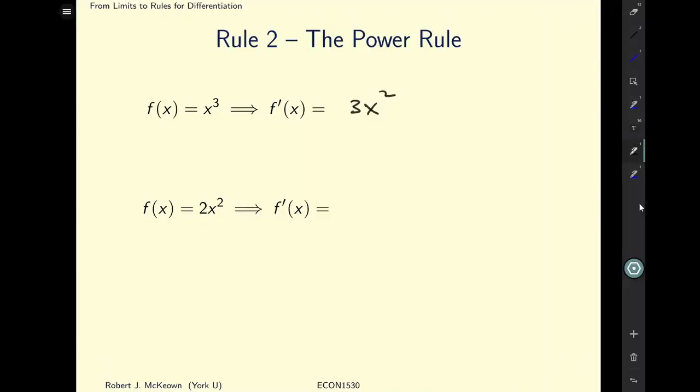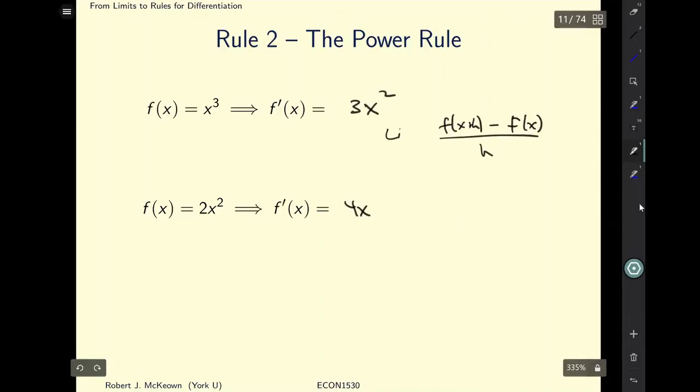And if you look here at this next example, 2x squared, well, the derivative of that was 4x. And we might have done f of x plus h minus f of x divided by h, and then taken the limit of this whole thing as h gets close to 0.